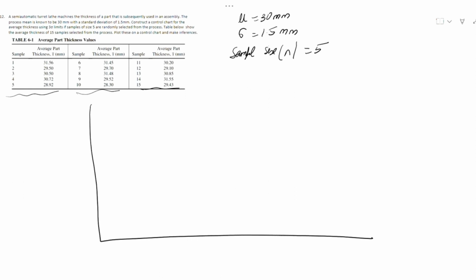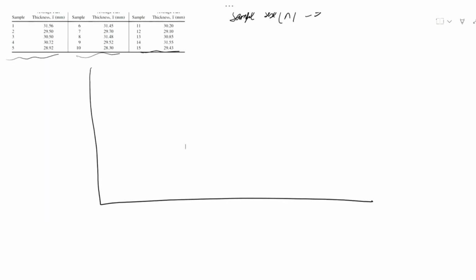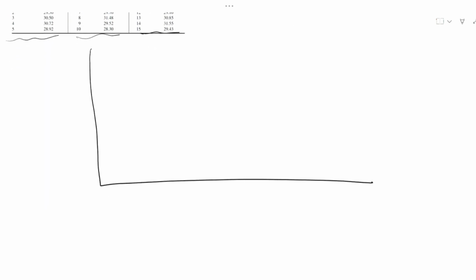So here the average thickness comes in the range of 25 to 33, and the sample size is 15. So we will draw the chart. 1, 2, 3, 4, 5, 6, 7, 8, 9, 10, 11, 12, 13, 14, 15. This is the sample.